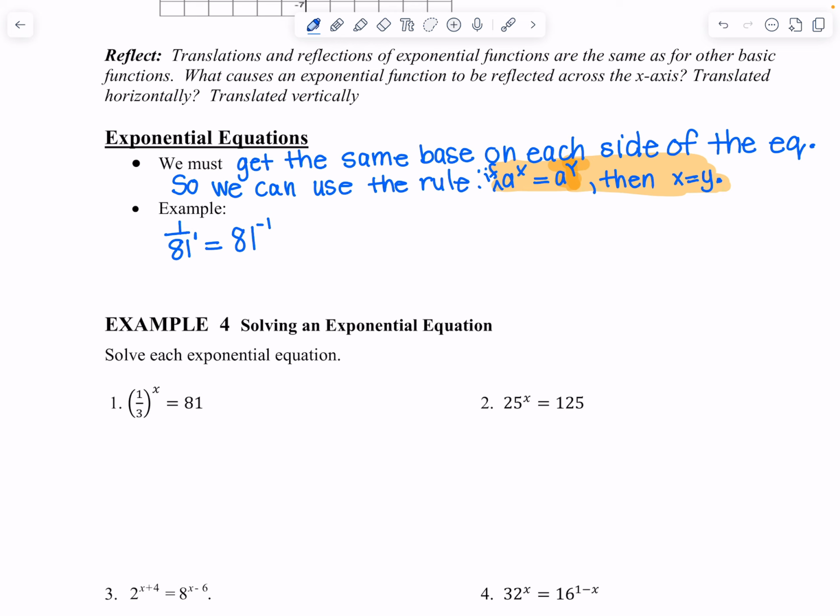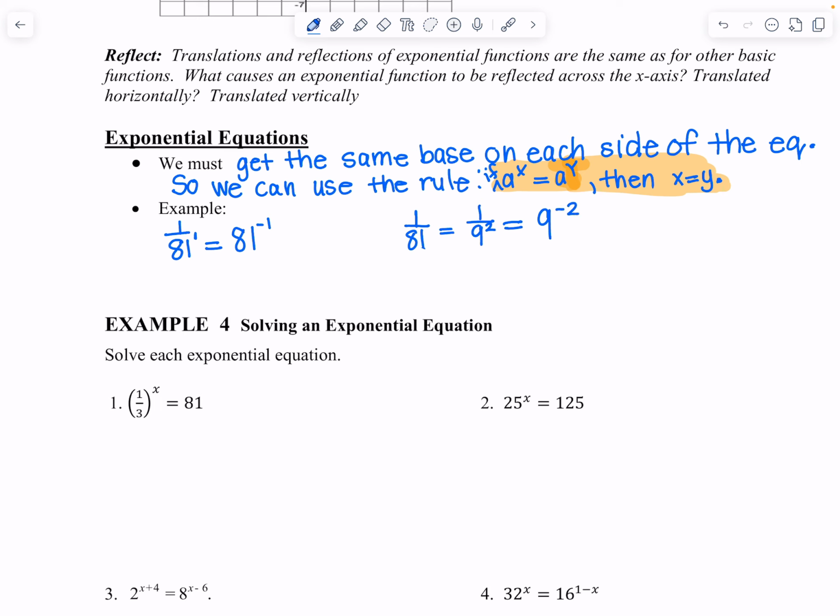But what if I didn't want to use 81 as a base? Can't we rewrite 1 over 81 as 1 over 9 squared, right? But if I want it not to be a fraction, I can flip it at this point, and it gives me 9 raised to the negative 2.